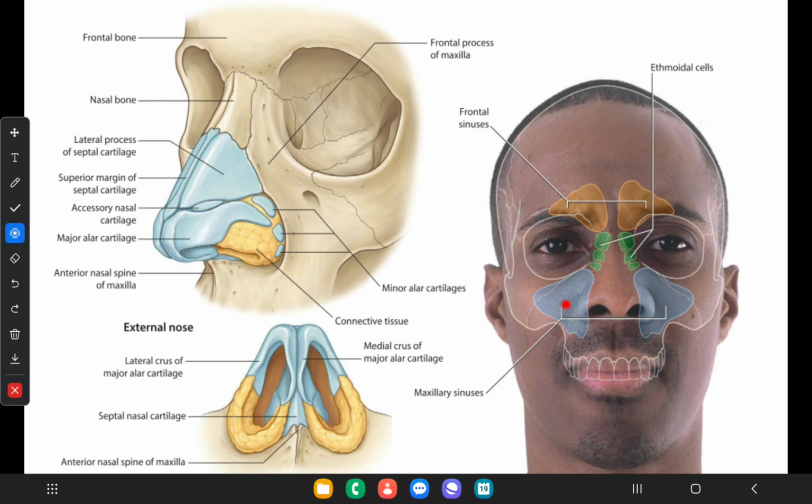So you have to remember those points. Those may appear in your MCQs. Maxillary sinuses are the first sinuses to develop. Frontal sinuses are absent at birth. Ethmoidal sinuses start to develop before birth. So you can see only a few cells of ethmoidal sinuses.